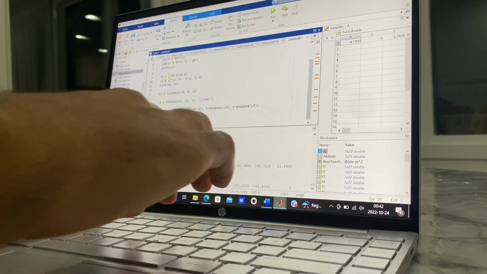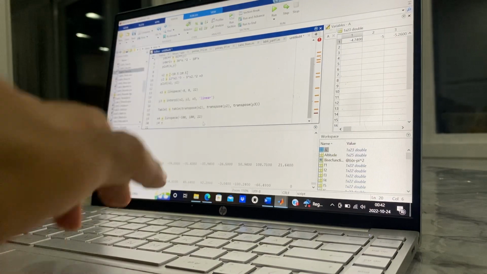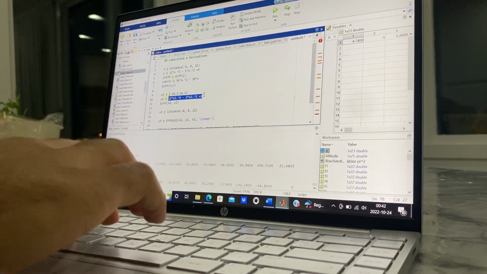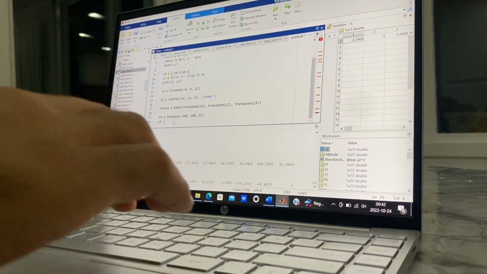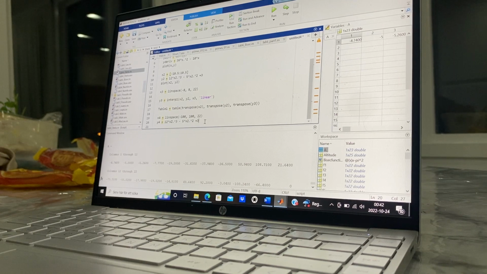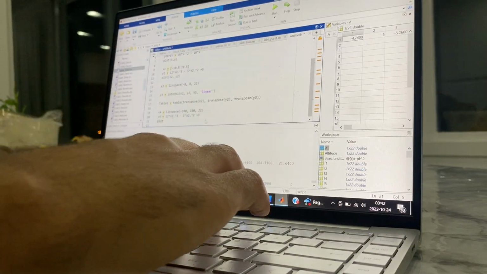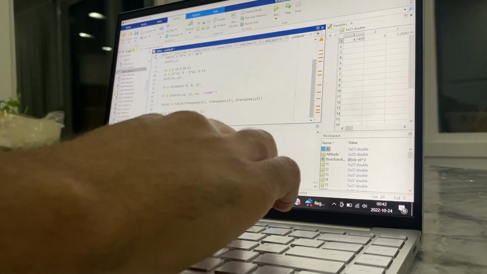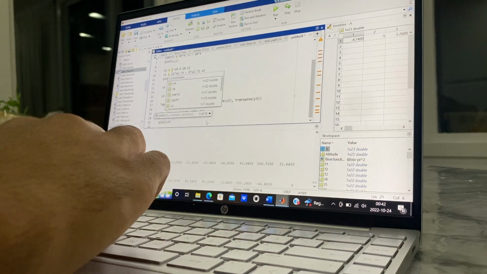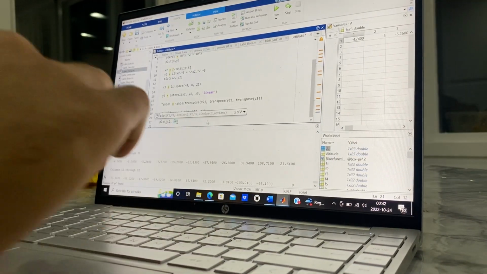And the y4 here is the same again as this, and I'm gonna plot this as well, this figure, x2 y4.